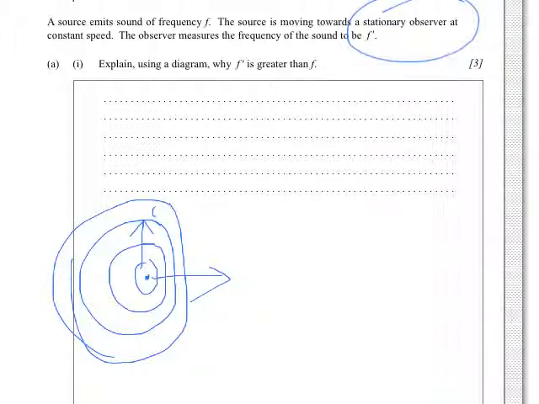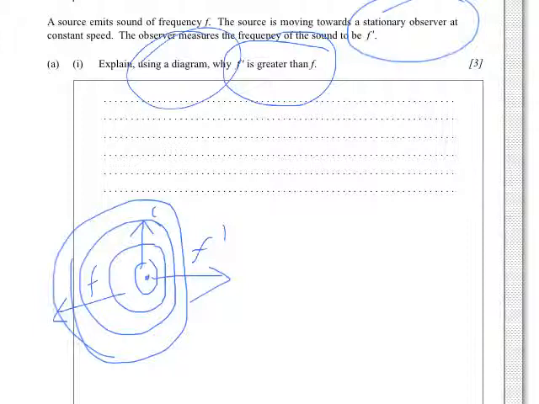Now explain using a diagram, and that means you do have to use a diagram, why the new frequency, this f dash, is greater than this f. That's because the speed c, the speed of the sound, stays the same.